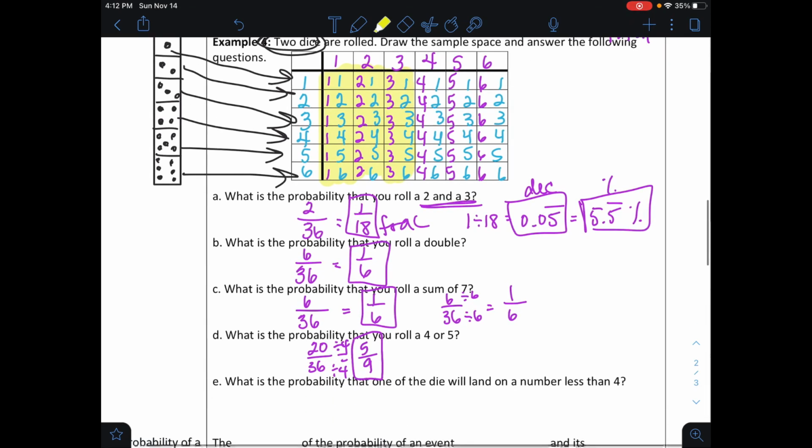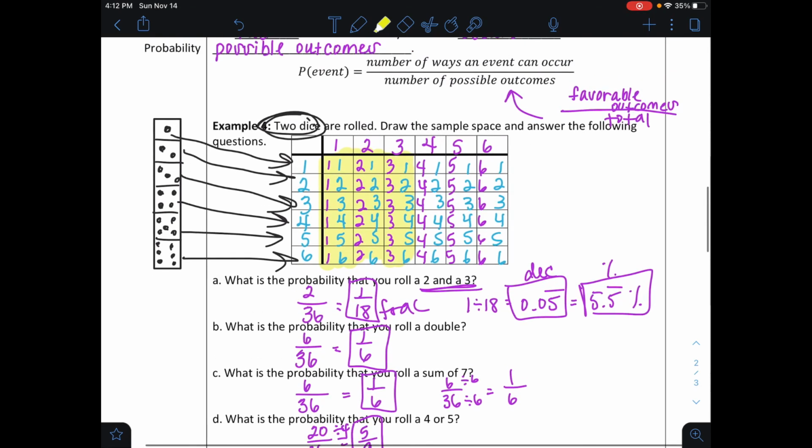And I'm saying that there is a number less than 4. It says one of the die will land on a number less than 4. So all of these that I highlighted have at least one number that's less than 4. And then same thing this way. All of these have a number less than 4. The rest of them only have numbers 4 and greater. And again, only one of them has to be less than 4.